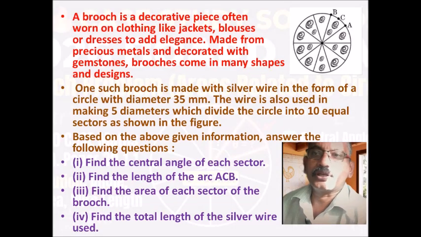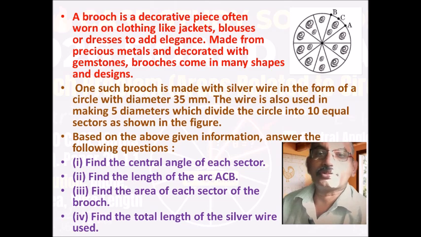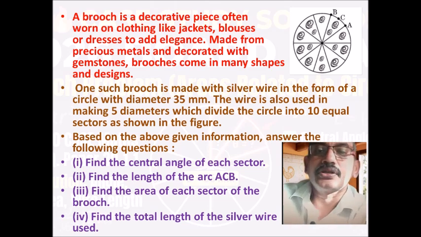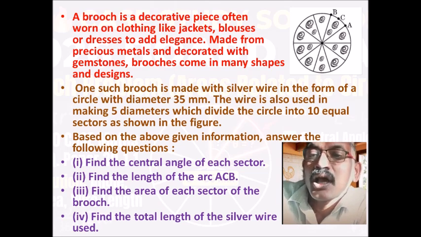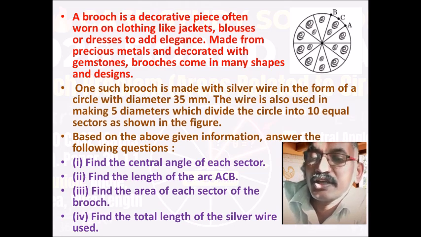The question is, a brooch is a decorative piece often worn on clothing like jackets, blouses, or dresses to add elegance. Made from precious metals and decorated with gemstones, brooches come in many shapes and designs.